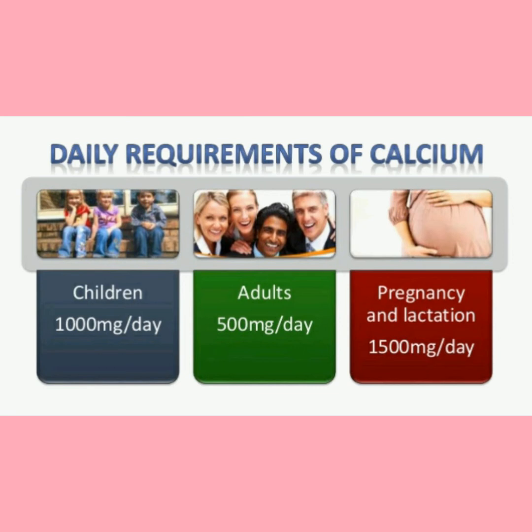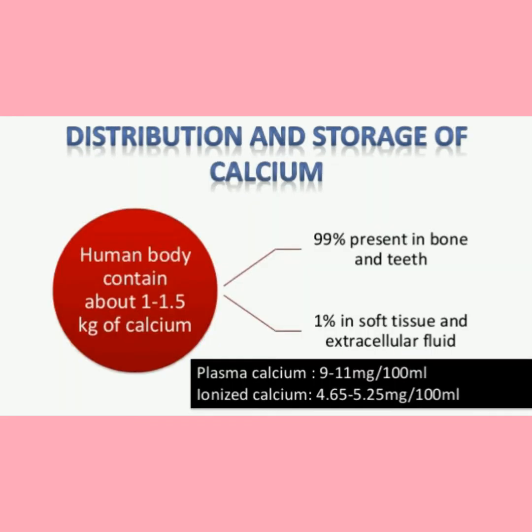In children it is 1000 milligram per day, in adults it is 5 milligram per day, and the condition varies. In pregnant women it is 1500 milligram per day. The daily requirement of a pregnant woman is 1500 milligram per day.